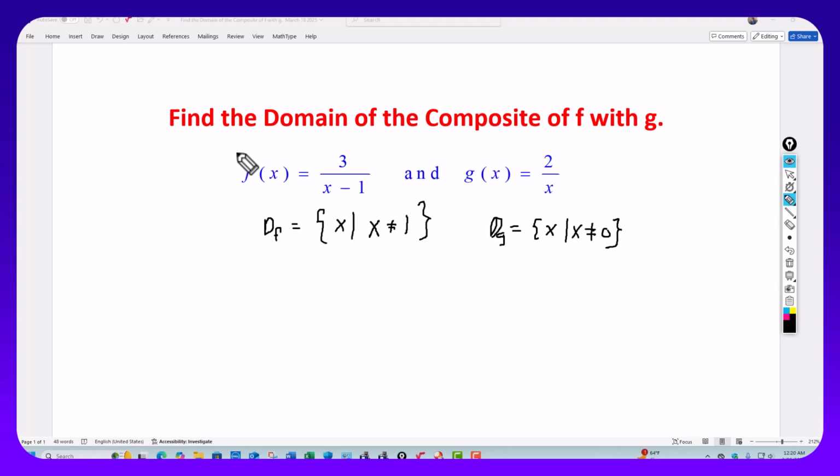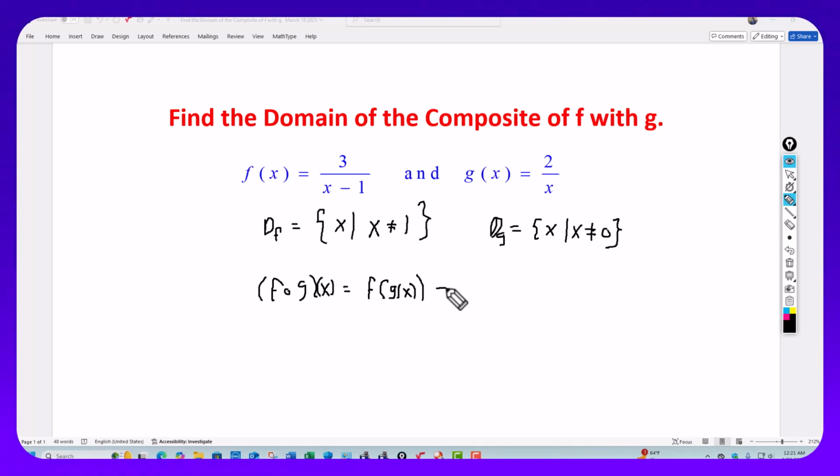Here they're asking for the domain of the composite function. So let's go ahead and find the composite function. We write it this way: f circle g, which can be written in turn as f of g of x. Instead of evaluating the function at a certain number, we're evaluating the function at the function g.